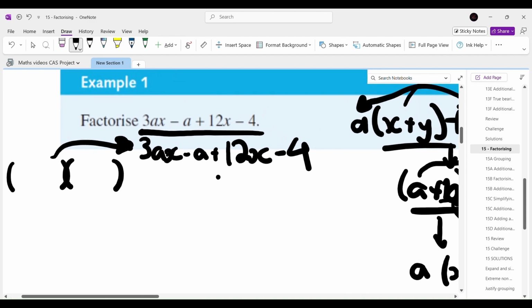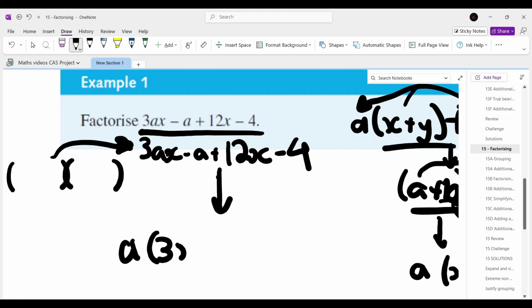So here we obviously have a set containing a. We can take the a out, and we're left with 3x minus 1, because no coefficient means there's just 1, so it would be minus 1.